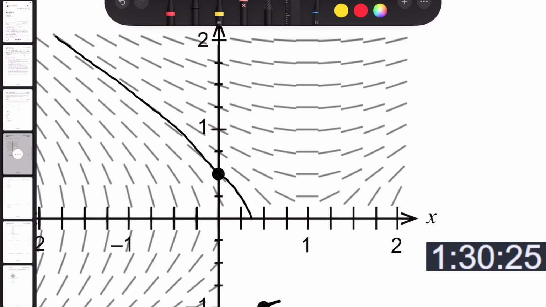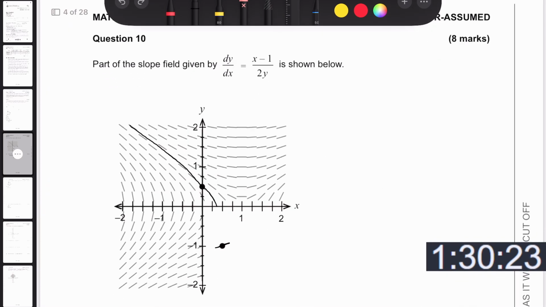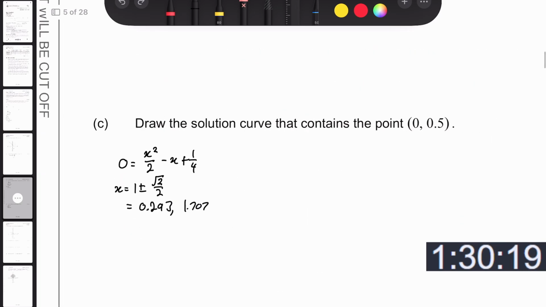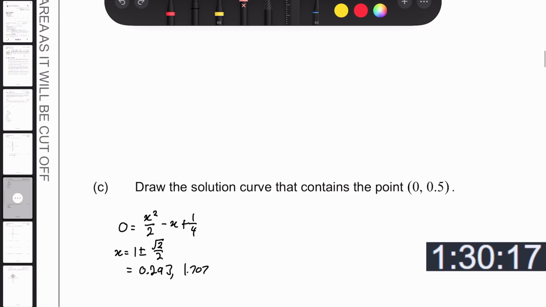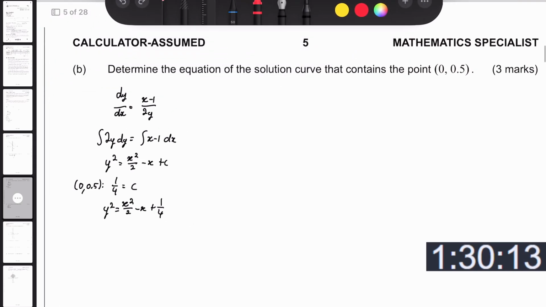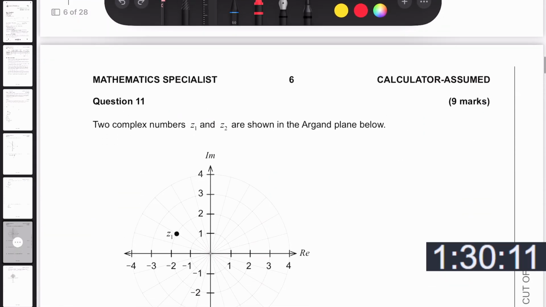I guess maybe it's not continuous, so I don't continue. Not sure. Okay, I'm just going to continue.